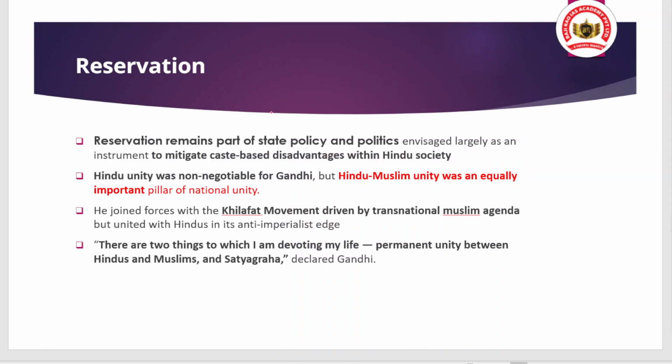When we talk about Hindu unity, it was non-negotiable for Mahatma Gandhi. Also, Hindu-Muslim unity was an equally important pillar of national unity for him, because he already knew that unity in diversity will only exist if there is unity among Hindus and Muslims, among the Hindu community, and among the regions.